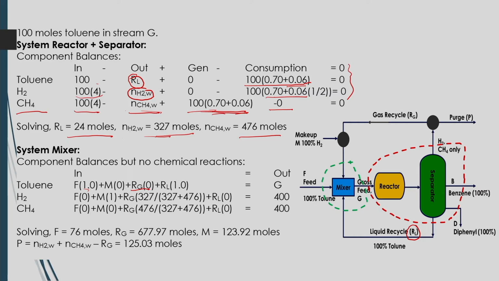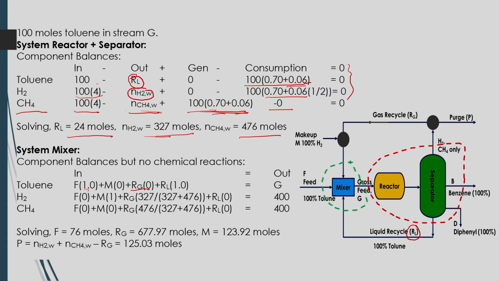And then the other part coming into the mixer is the liquid recycle. The liquid recycle amount is RL, and this recycle stream will not contain any components except toluene. 100% toluene is coming through this stream.